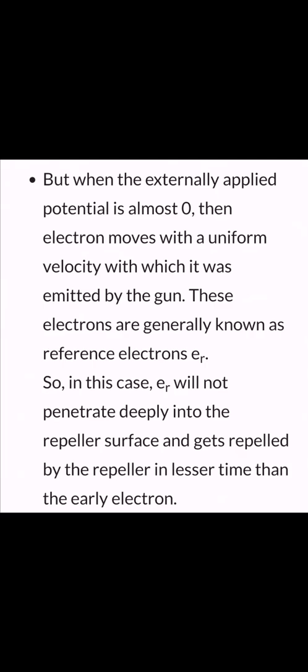These electrons are generally known as reference electrons and denoted by E sub R. So in this case, the reference electron will not penetrate deeply into the repeller surface and gets repelled by the repeller in less time than the early electron.